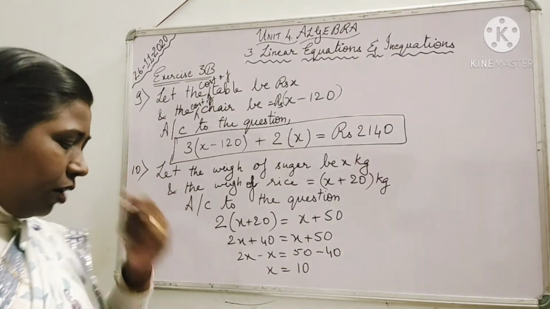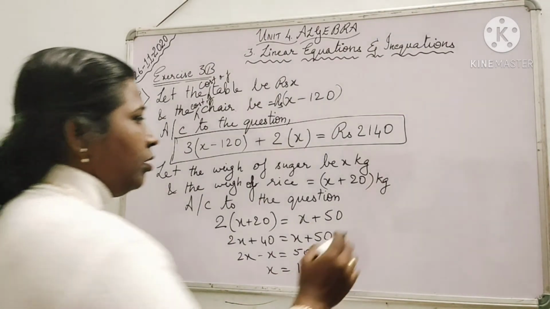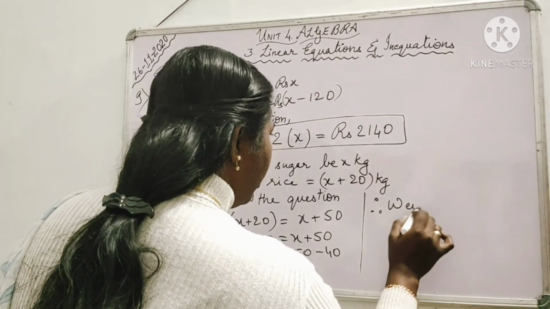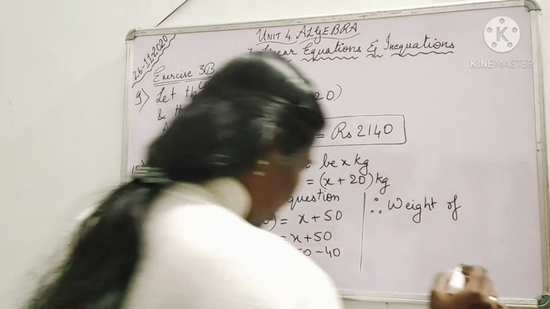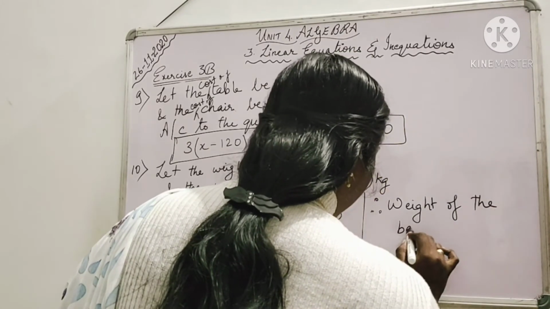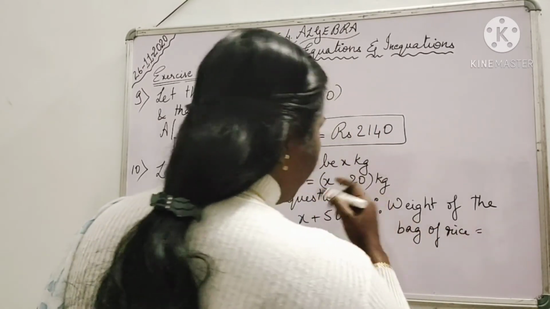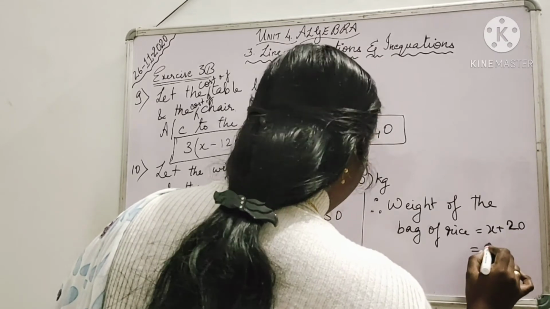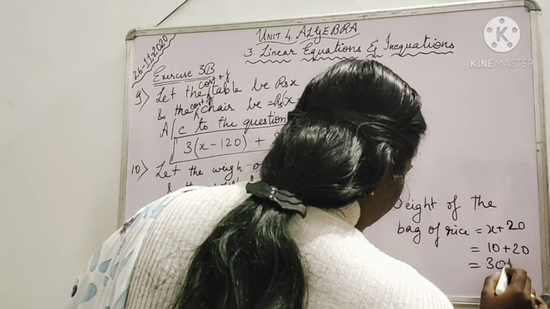We have to find the weight of the bag of rice, which is x plus 20, that is 10 plus 20, that is equal to 30 kilos.